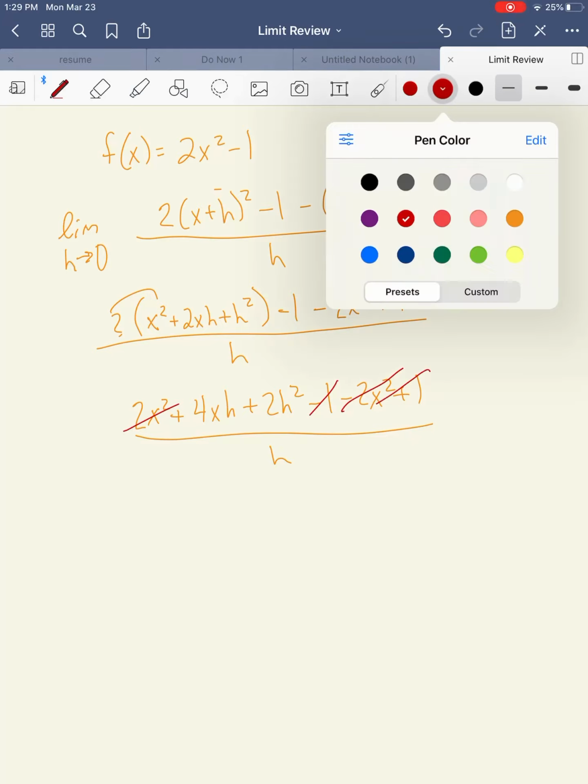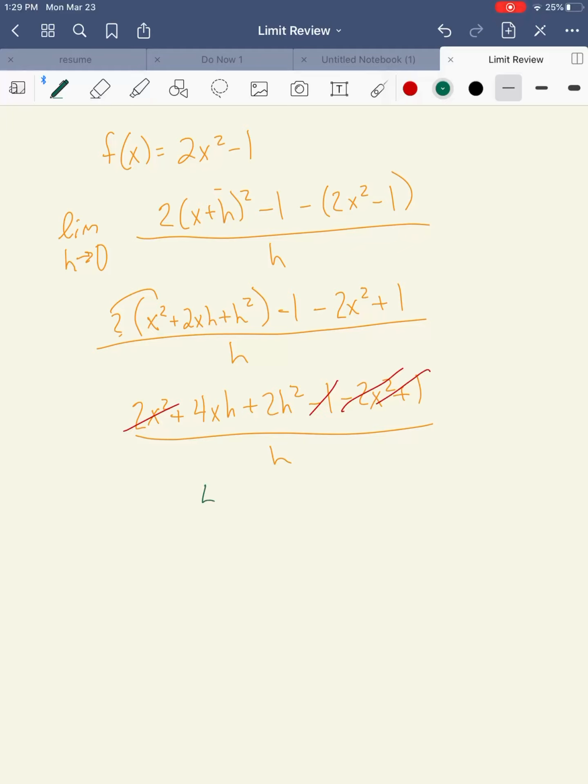Alrighty, and I rewrite what I have. I have 4xh plus 2h squared over h. I need to pull out my h. 4x plus 2h all over h, and I'm evaluating the limit as h approaches 0.